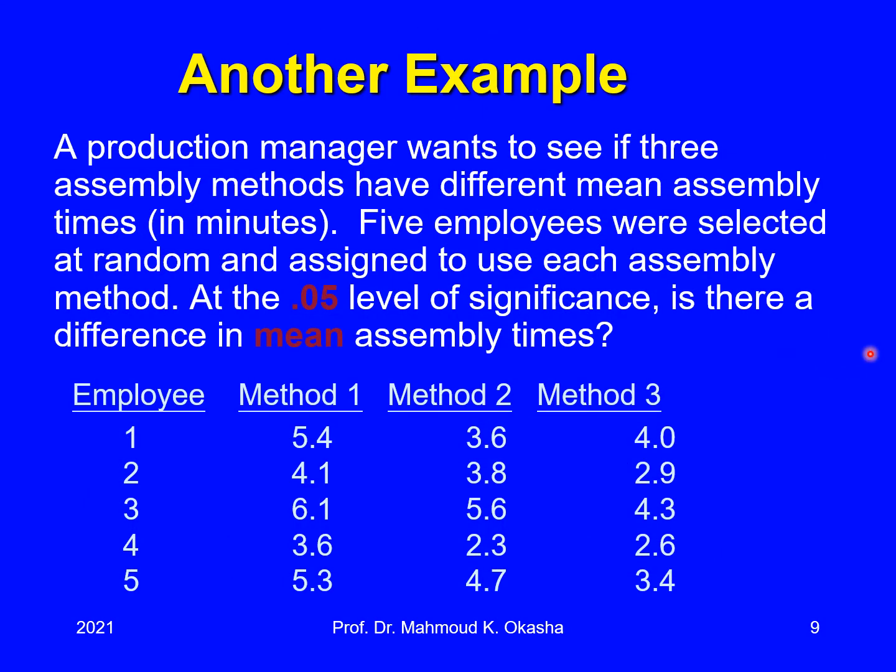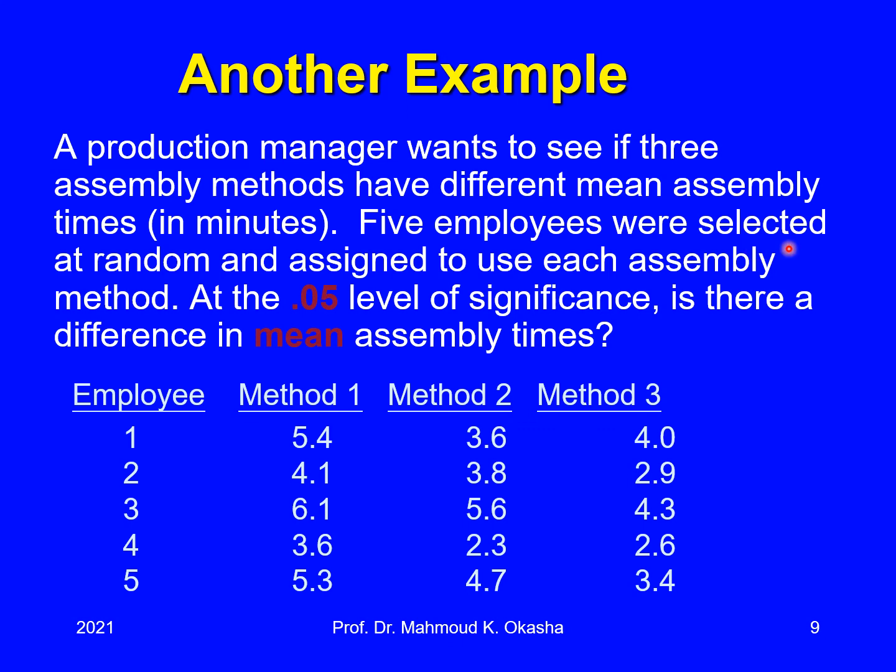Another example now. In this example, a production manager wants to see if three assembly methods have different mean assembly times in minutes. So the measurements are time in minutes, that's the dependent value.